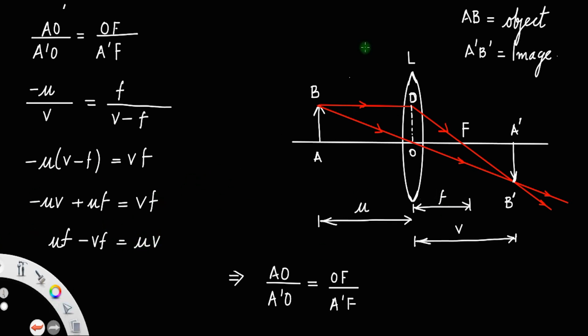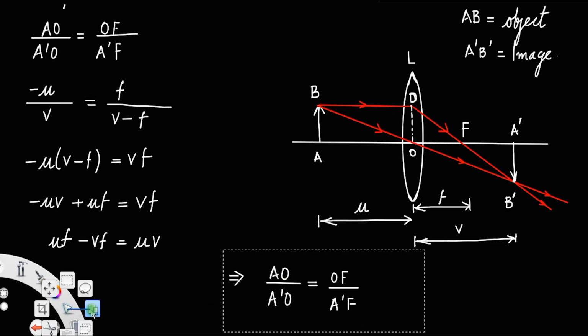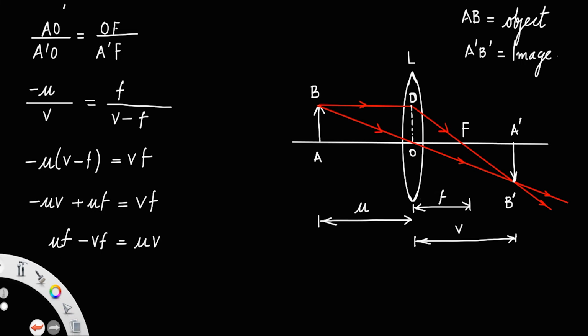Now let's call this equation number 3. Let's divide this whole equation 3 by the term UV.